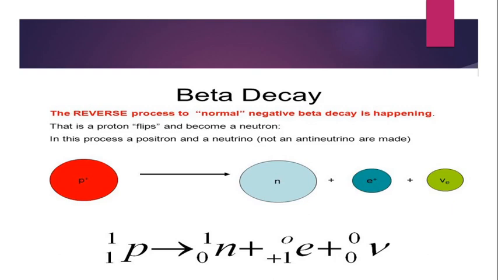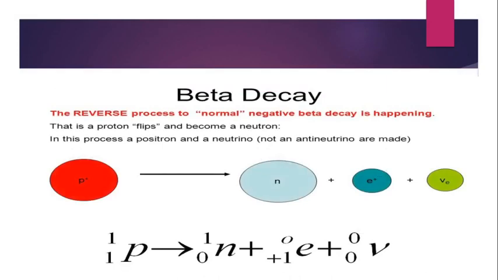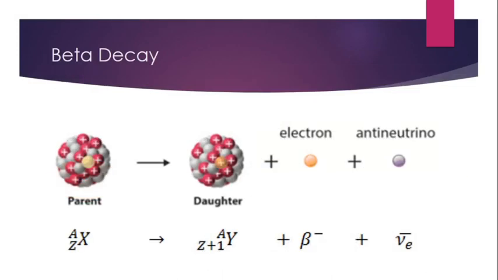Inside this nucleus, what happens is that the neutron in the parent element is converting into a proton, an electron and an antineutrino, so that the electron and antineutrino are emitted.